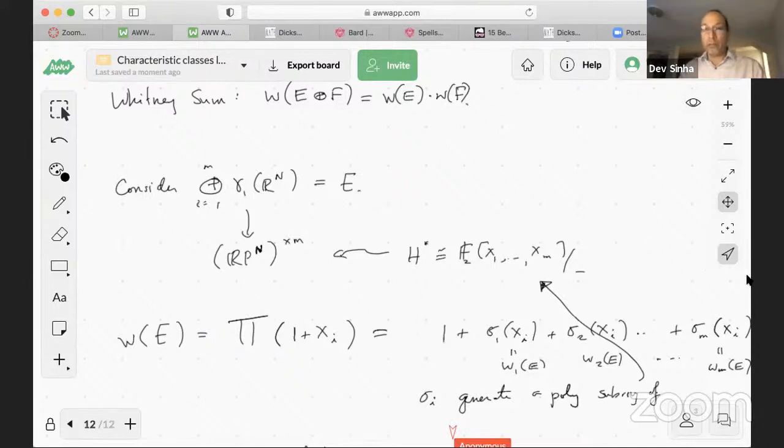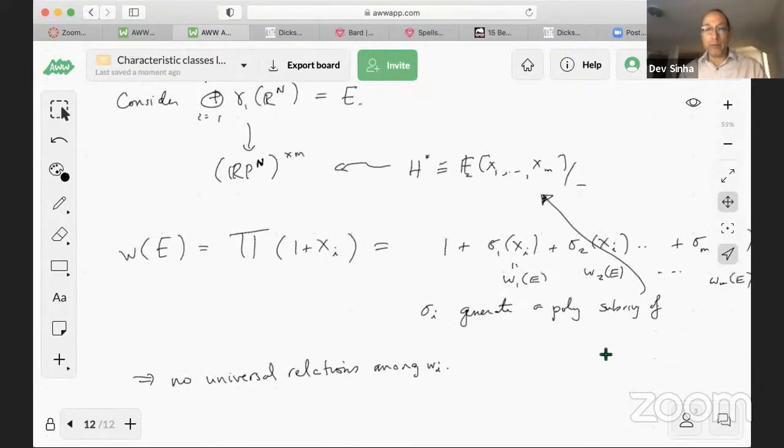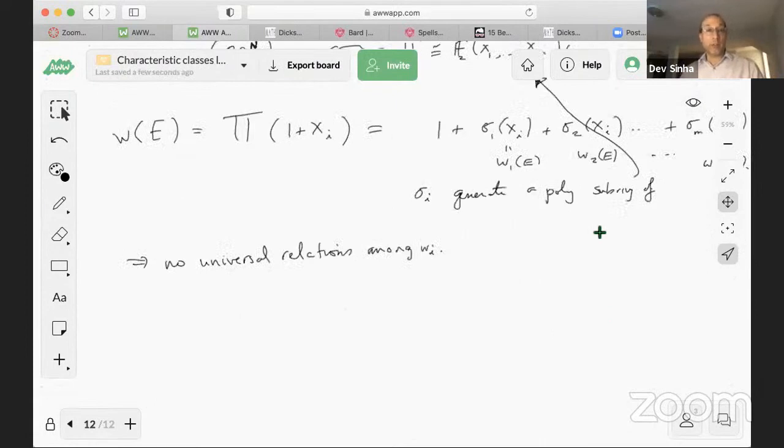We started with just being happy that we could prove that some of them are non-zero. That shows there's no universal relation of the form, say, W3 equals 0, because we could find something where it's not 0. This says that for any polynomial in the Wi's, this particular bundle will have that product of Stiefel-Whitney classes non-zero, and so that polynomial in the Stiefel-Whitney classes couldn't be 0 universally.